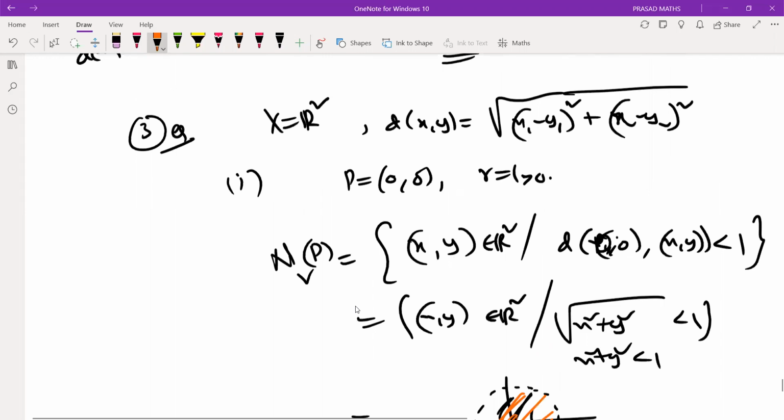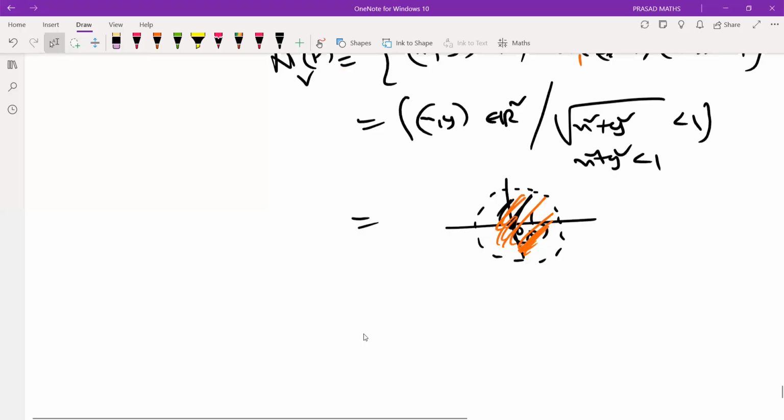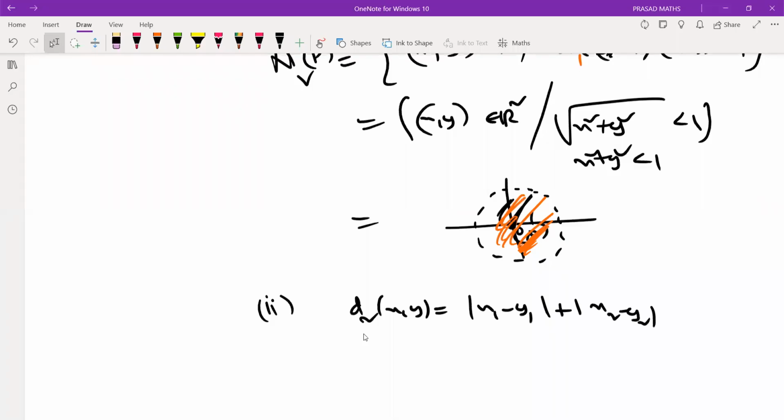This is D1, my first example. Suppose my D2 is the distance you have seen in this type of metric today.